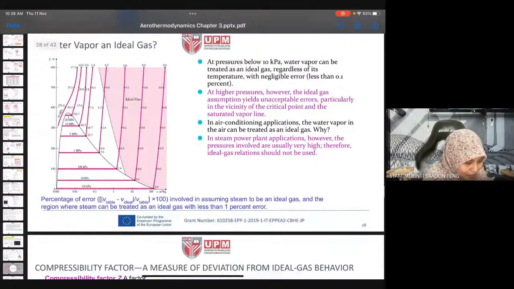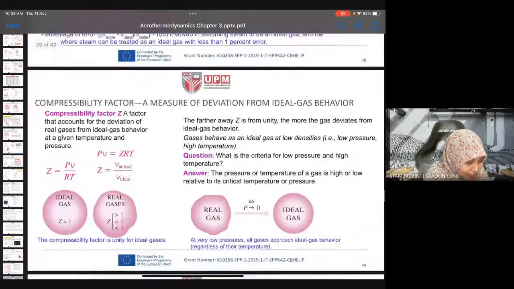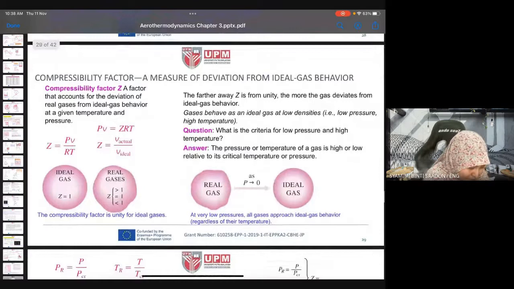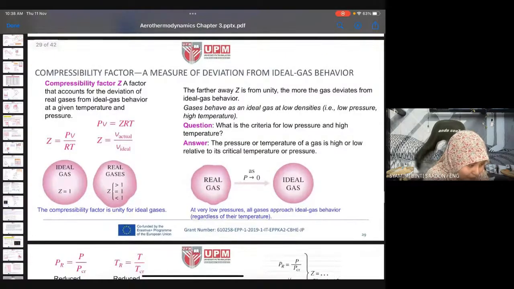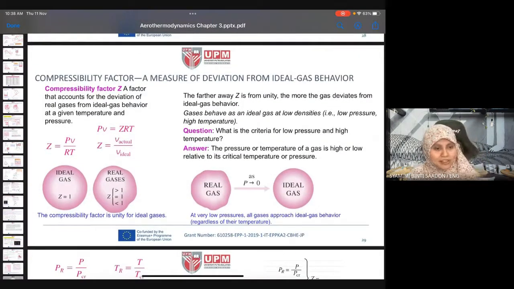Okay, I skip this one. Compressibility factor. Compressibility factor, which we call Z, is a factor that accounts for the deviation of real gas from ideal gas behavior. Of course, in reality, we seldom have gas in the ideal gas state. Usually it is a real gas state.